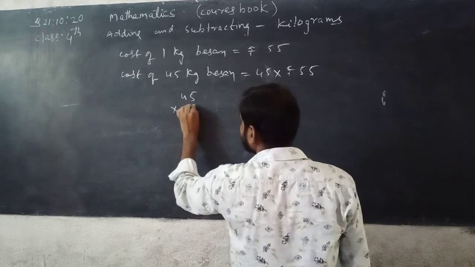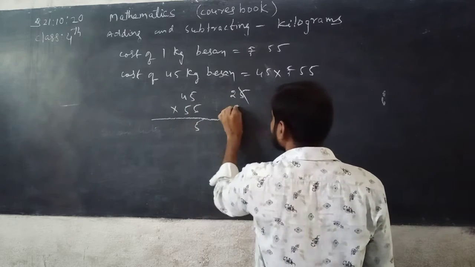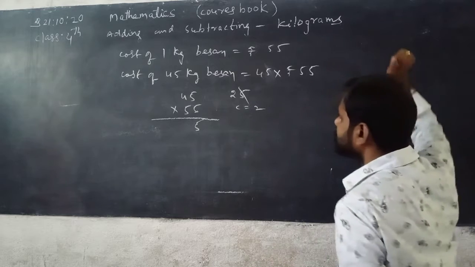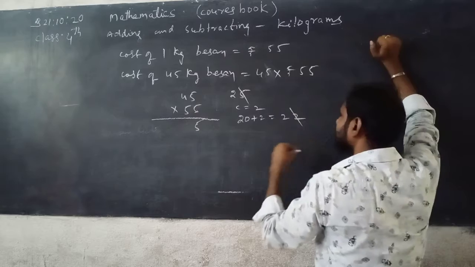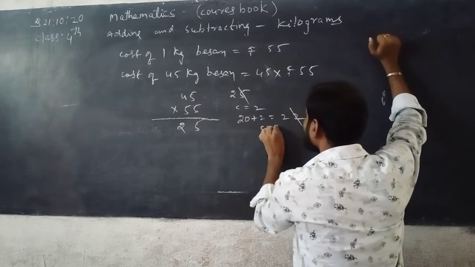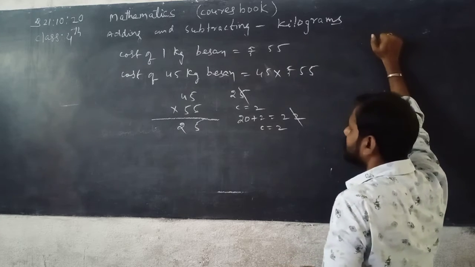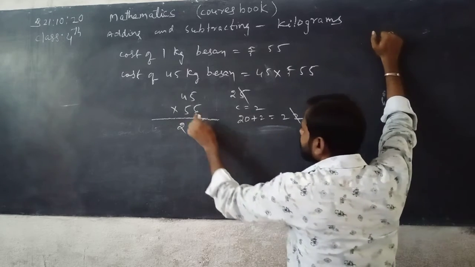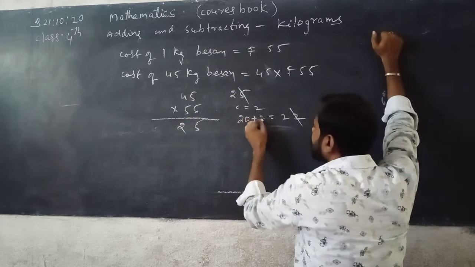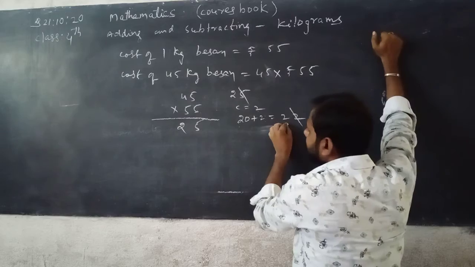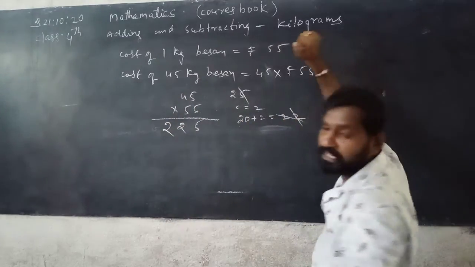See here, 45 into 55. 5 5s are 25, 5 taking, carrying 2. 5 4s are 20, 20 plus 2, 22. Is that correct? See here, 4 is the last digit of the given number, so you can write the total 22.